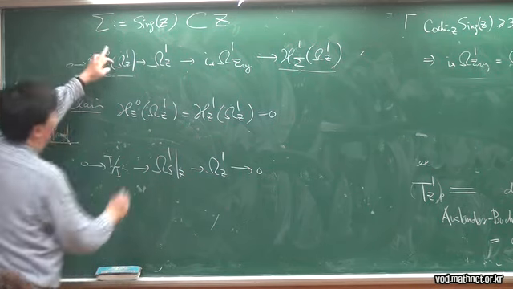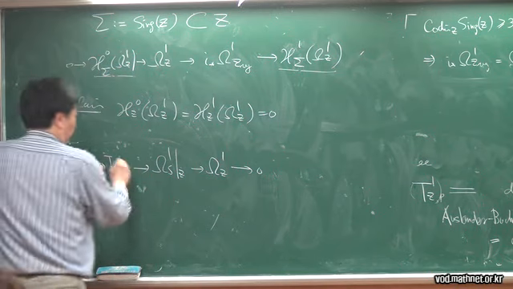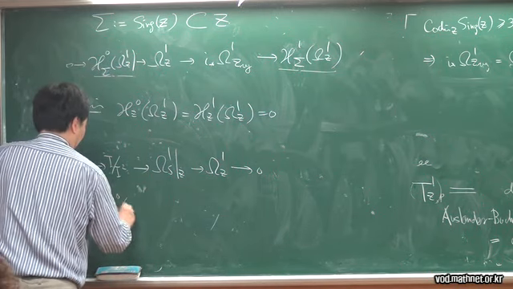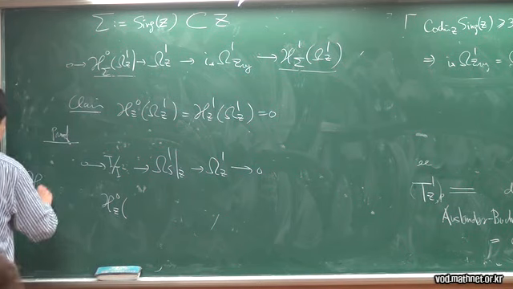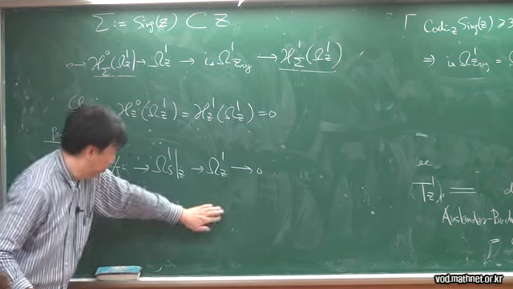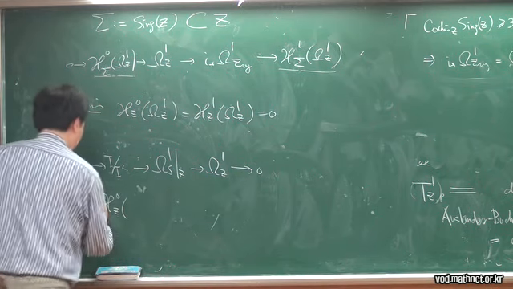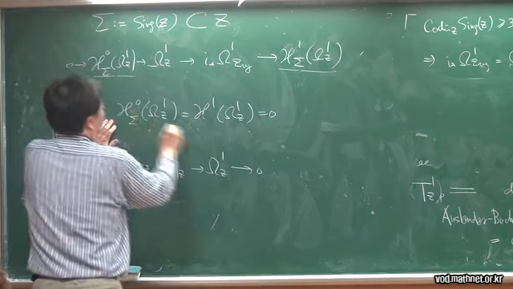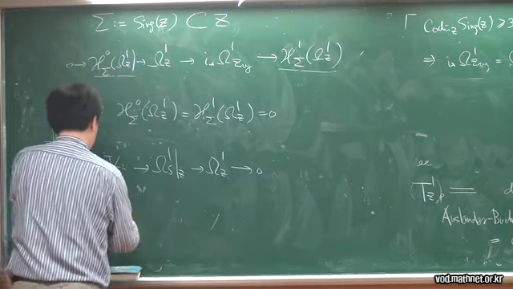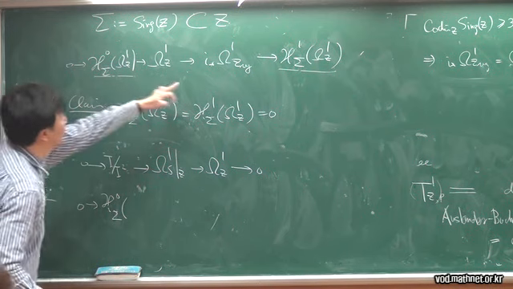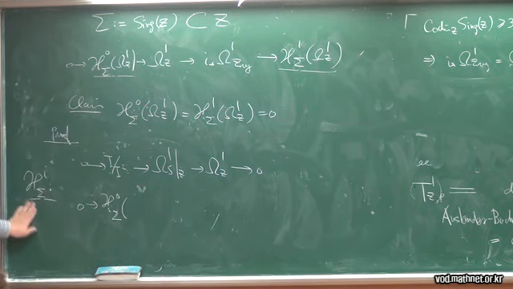Take a local cohomology sequence. Then we take this operator to this exact sequence. Then we get the following, not Z, this is sigma, sorry. So this is sigma. Then this is sigma. Sorry, sigma, yes.